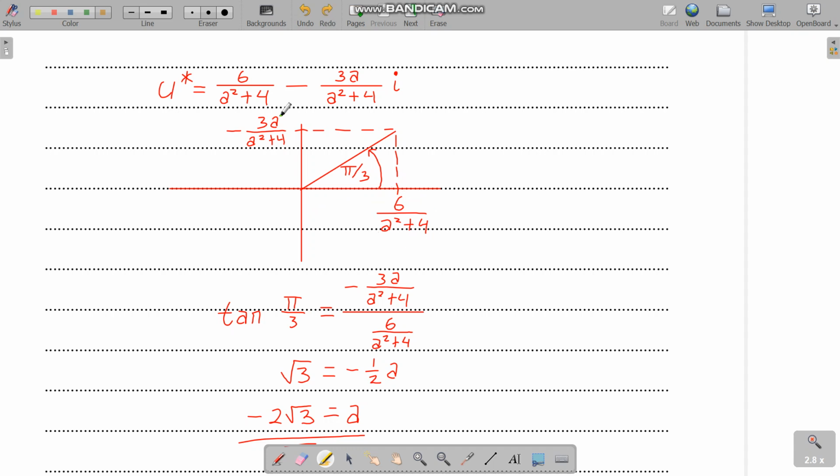Notice that this value here must be positive, which means a is negative actually. So we include the negative also here, we cancel out, and we simplify. This is actually minus 1/2 a, and therefore a is minus 2 root 3.